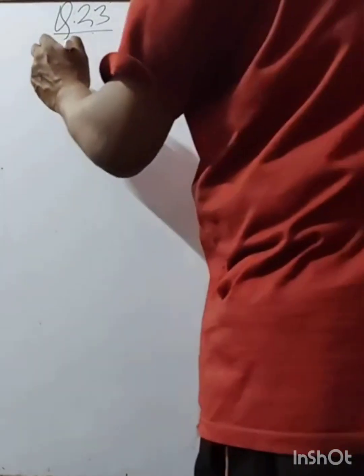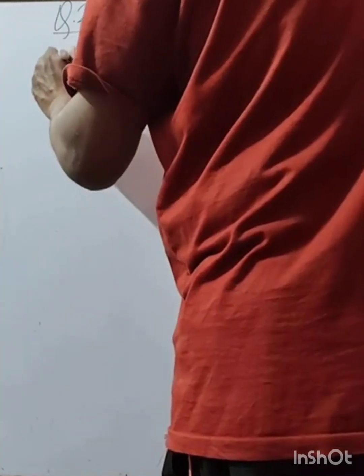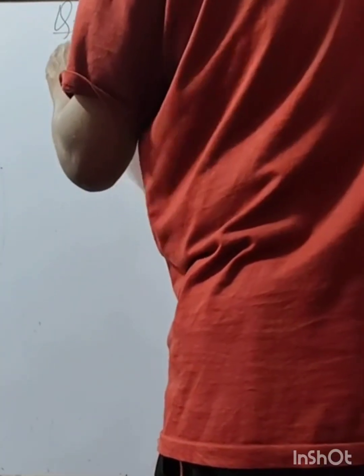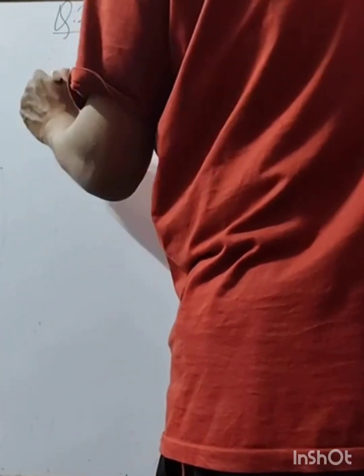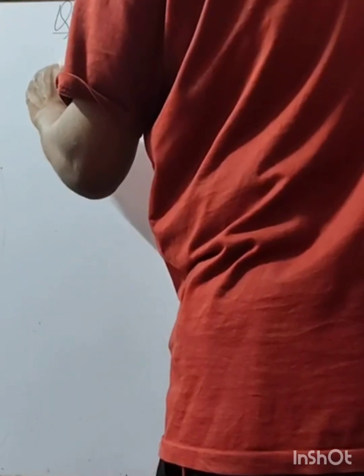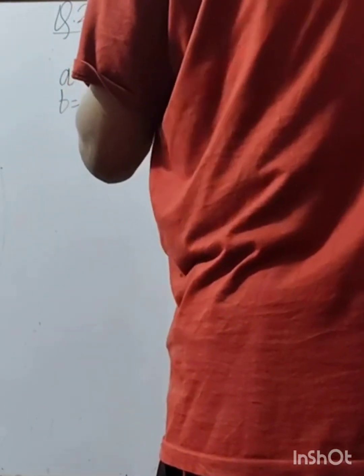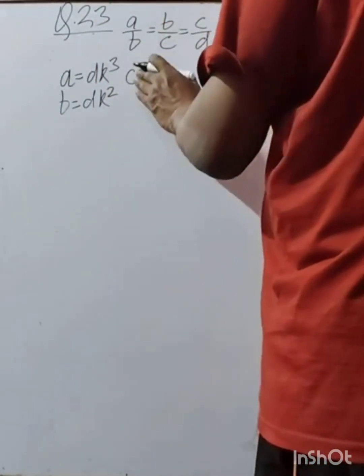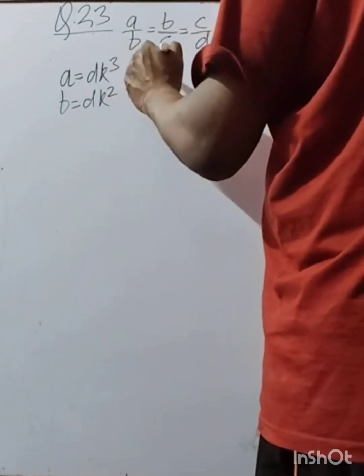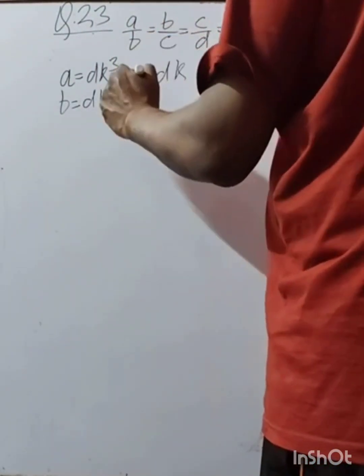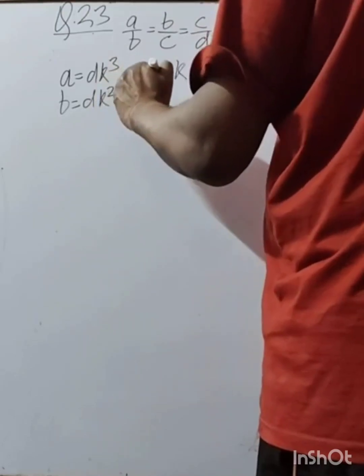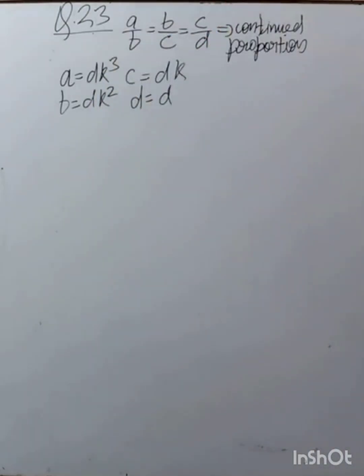And what I gave you: A is equal to dk cubed, B is equal to dk square, C is equal to dk, and D is equal to D. Okay. Now what do you do? What is your question?